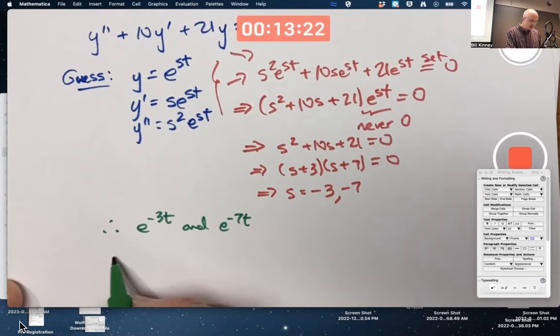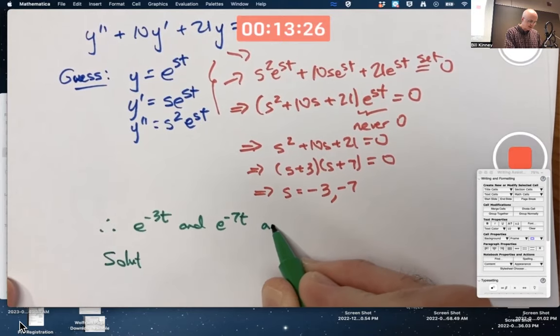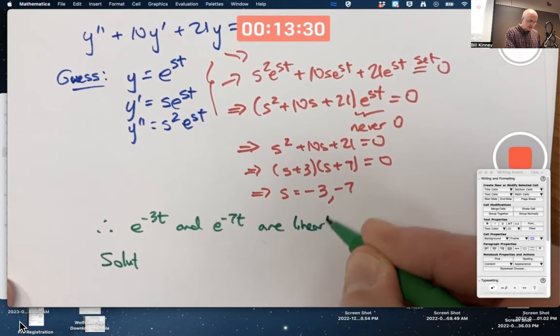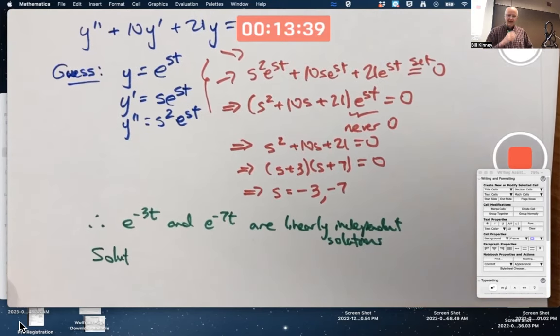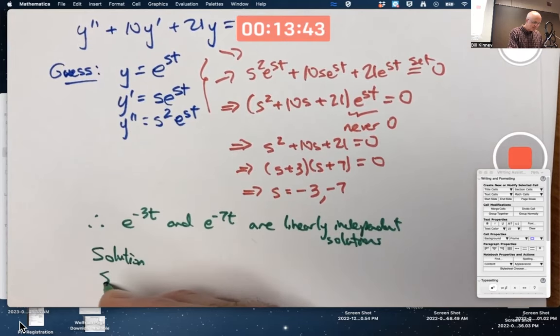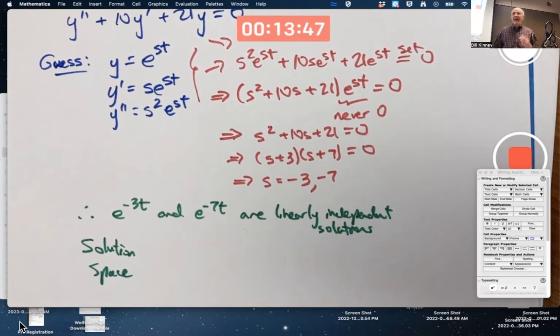The solution space. So therefore, these are solutions. In fact, what are called linearly independent solutions. And more than that, they're going to span the solution space. What does that mean?